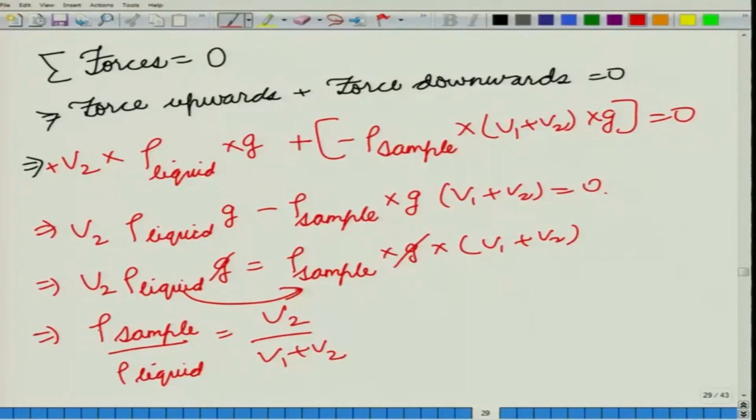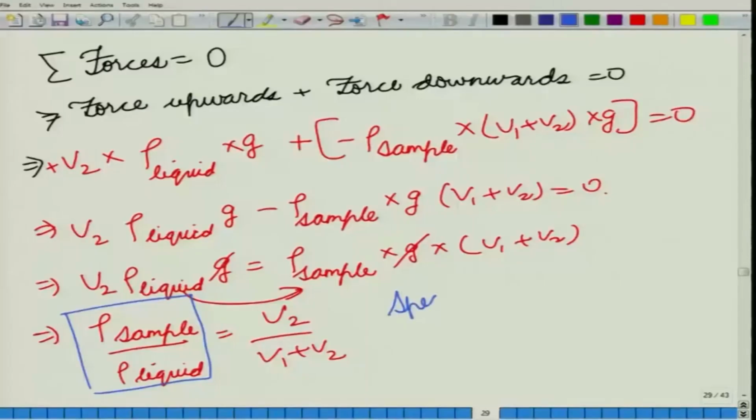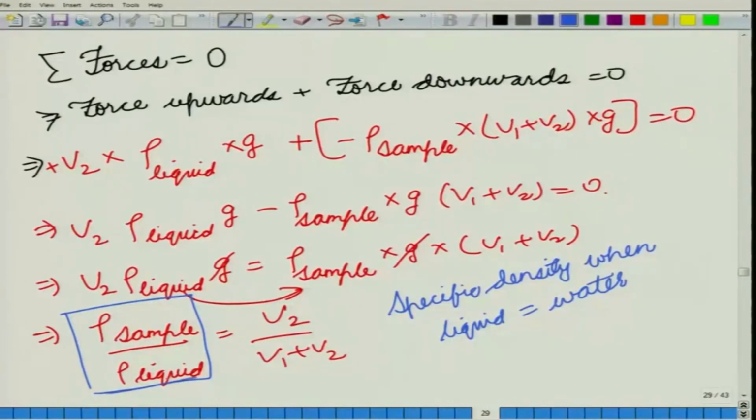Now, this portion, the density of a sample divided by the density of the liquid, when we consider the liquid to be water, is also known as the specific density. So, we have the specific density when we are using liquid as water equal to V2.